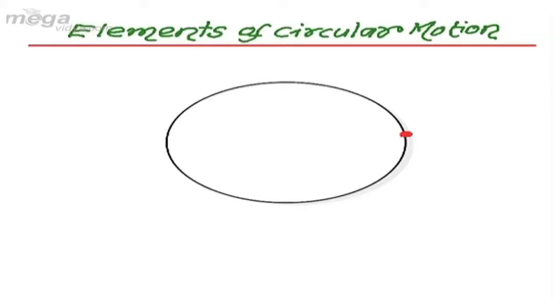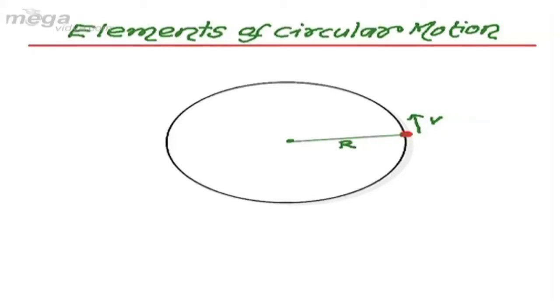Here, say this particle is revolving in this circular path with velocity v. Say this is the center of the circle, and this straight line connecting the particle with the center is called the radius of the circle.